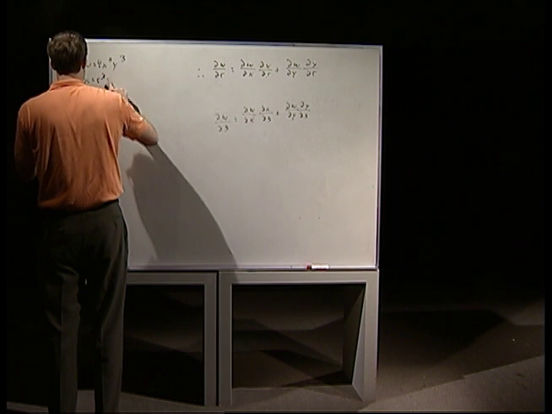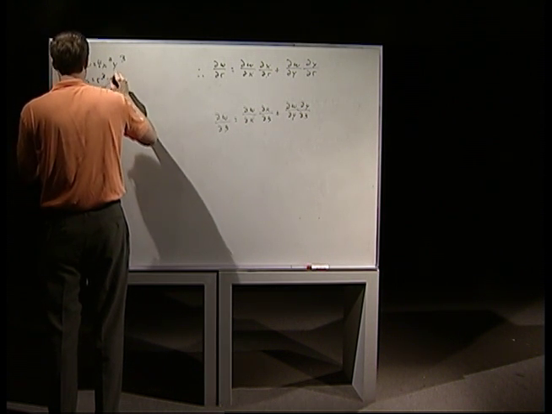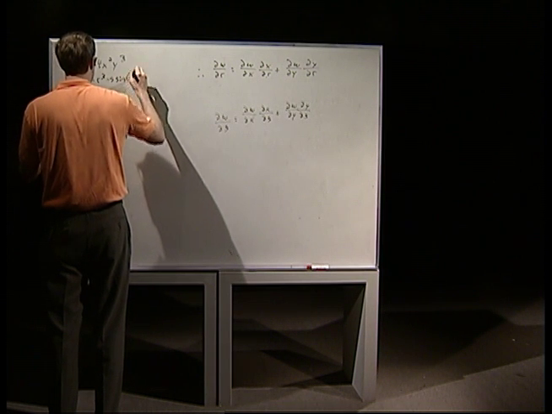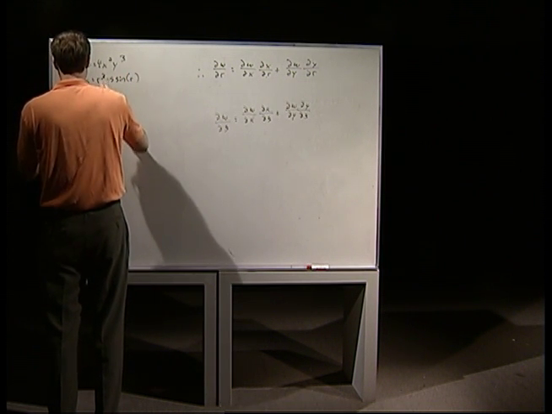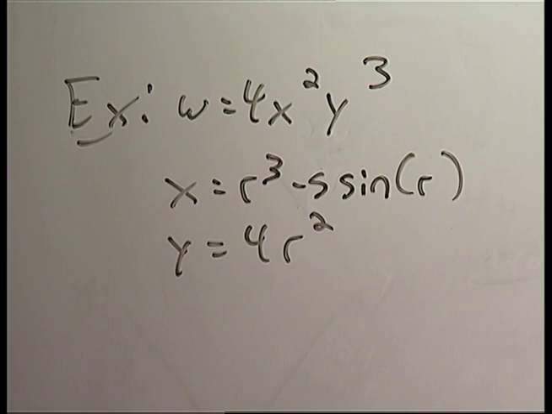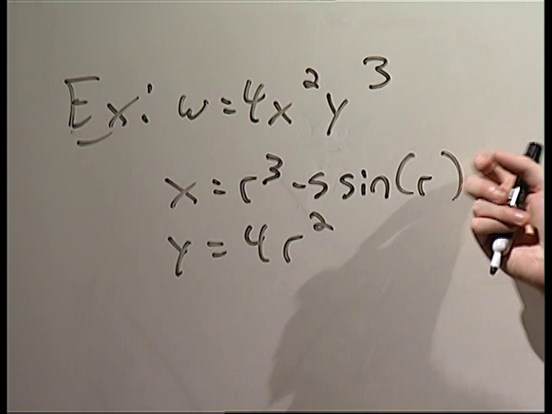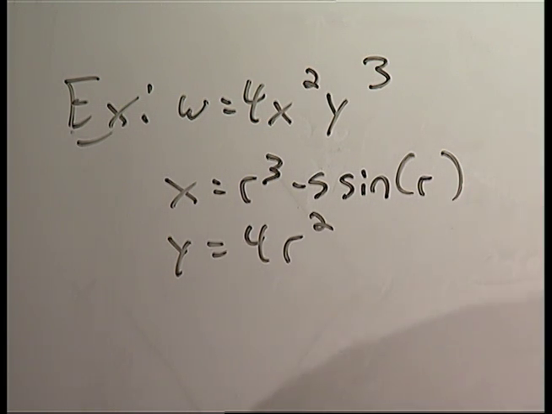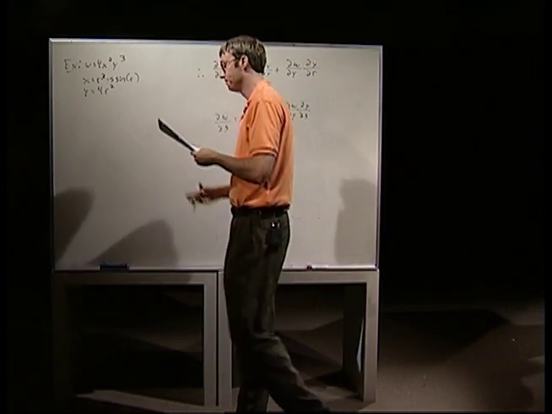I determine my x's by the following, and my y's by the following. So x is r cubed minus s sine r, and y is 4r squared. So maybe this gives the location based on longitude and latitude, and this gives the location also based on longitude and latitude on the grid.